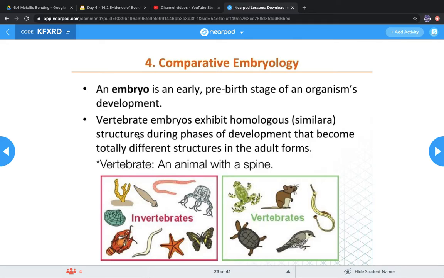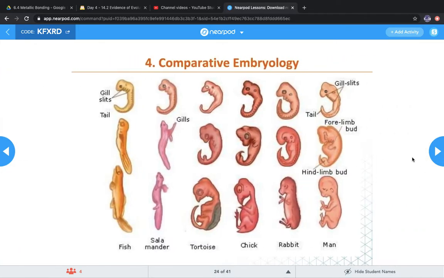All right? So when we're looking at the embryos of vertebrates, we see that they are very, very similar. So if you look over here at a fish, its embryo looks extremely similar to that of a tortoise and a chicken and a rabbit and a human and all these other organisms that you can see.